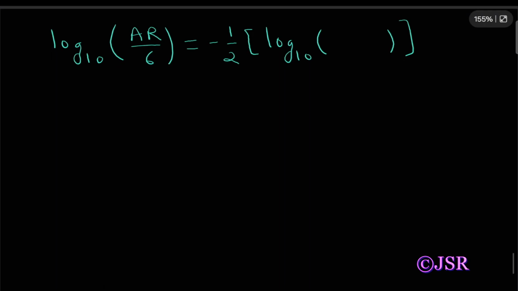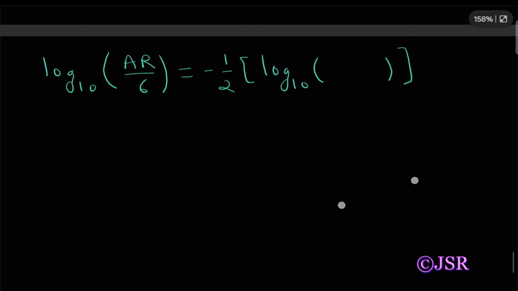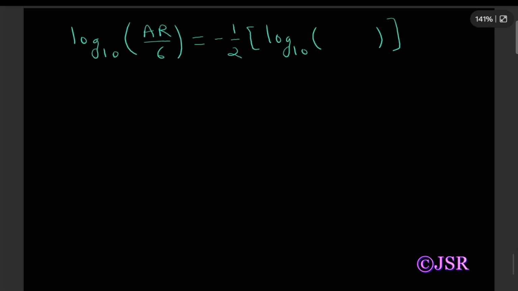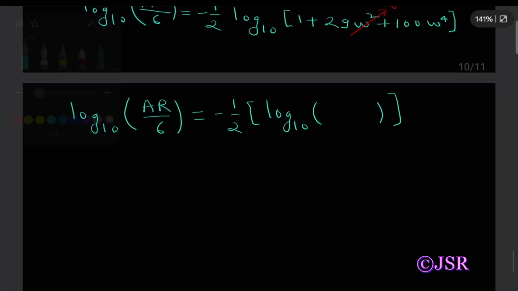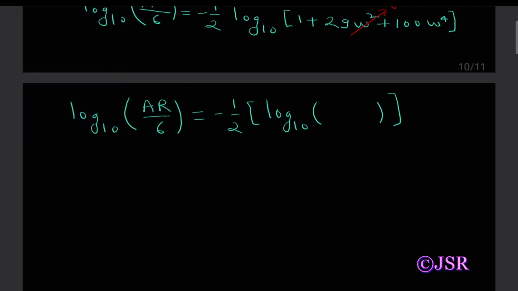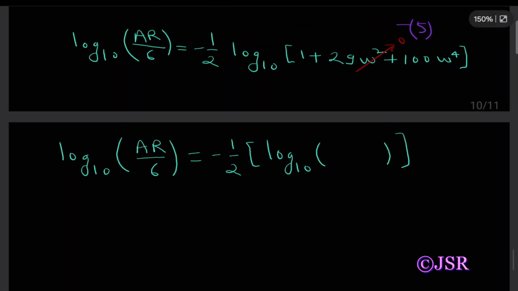So omega square into omega square, we have omega to the power 4. So this is 0, and here we will have 1 plus 0 plus 0.